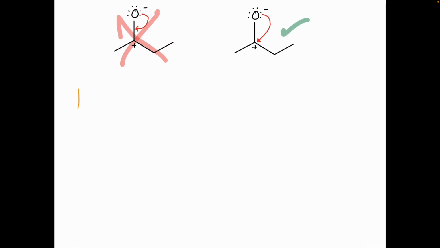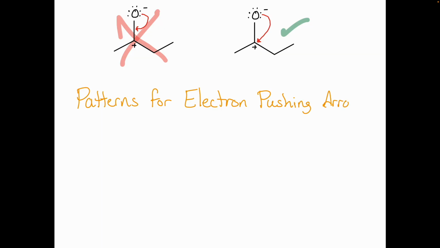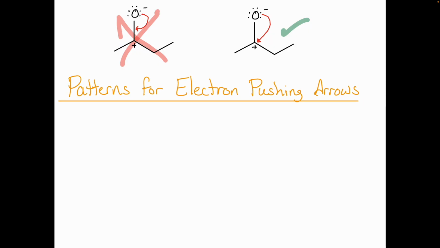The other thing is we're going to see certain patterns over and over again for these arrows. And identifying which pattern it is that we're looking at, or which pattern it is that we need to draw in, will help us to do our mechanisms correctly.